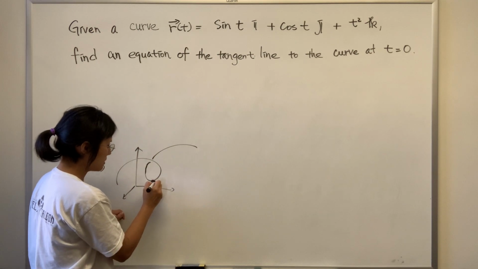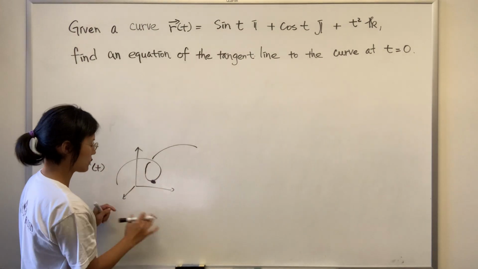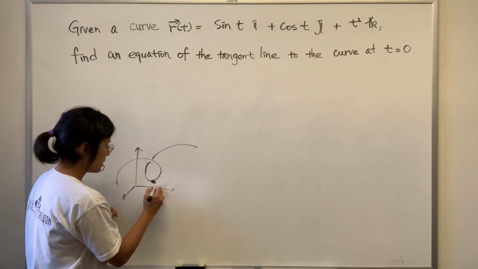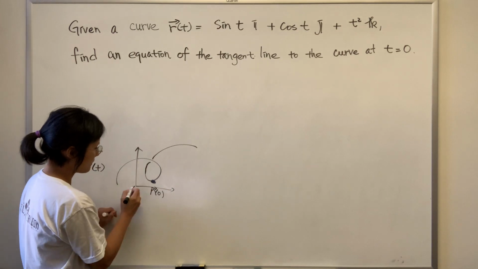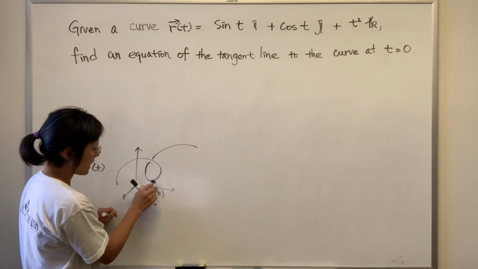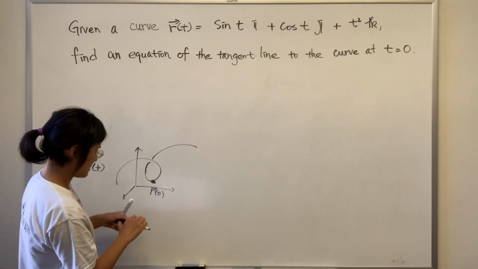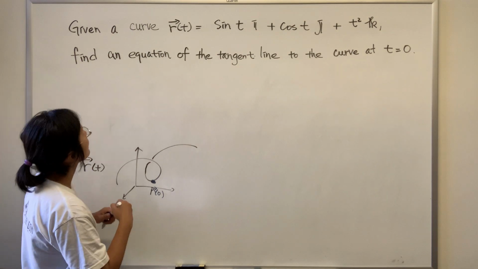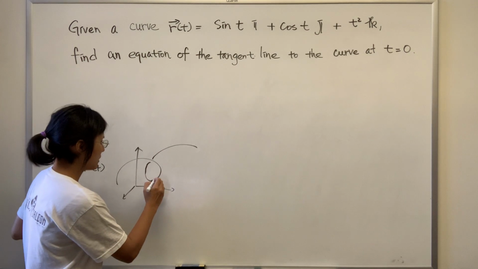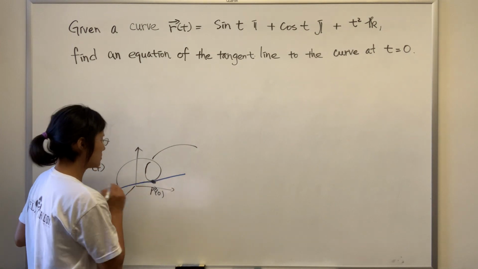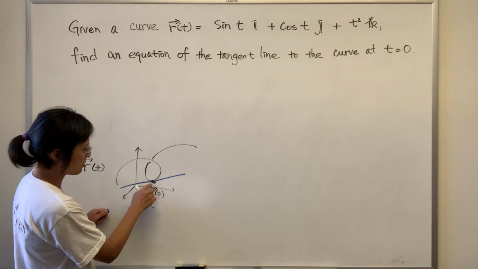Let's say it's here. It's not really here, this is just for illustration. So this is the point where r(0) is. r(0) is a vector, and the tip of the arrow is the point r(0) as well. And we are then looking for the line tangent to the curve at this point.